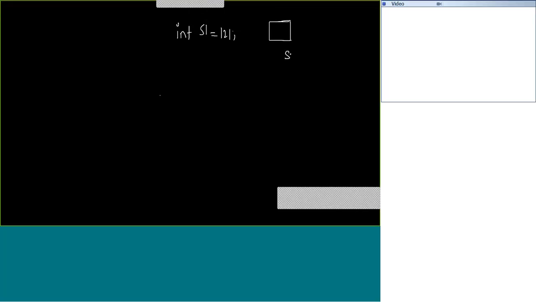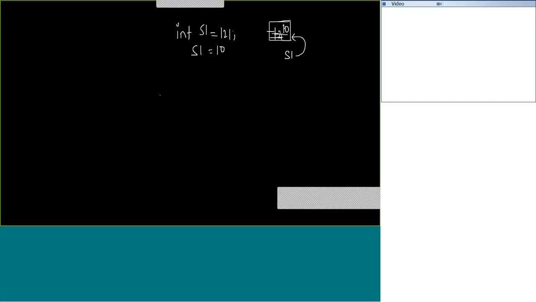The representation of this element is given to s1 and the value stored inside is 121. Tomorrow, if I change the value of s1 to, let's say, 10, the old value will be erased and the new value 10 will be stored. That's all it is.